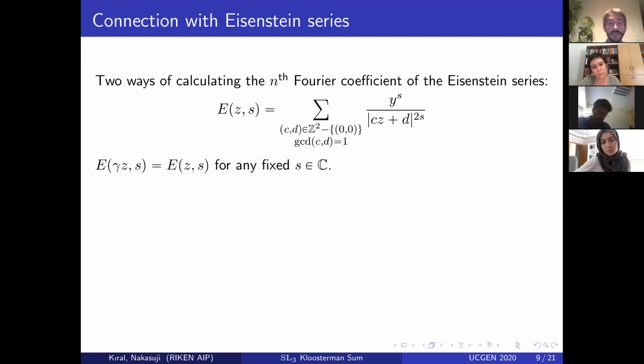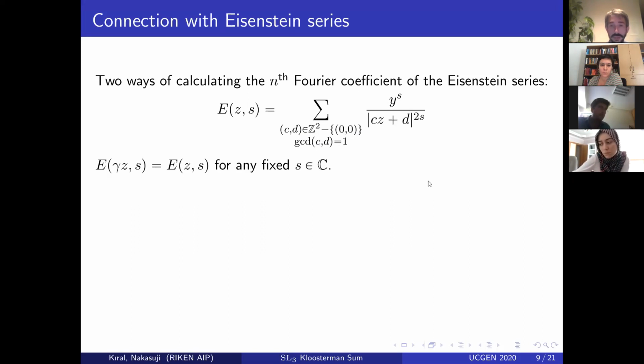I want to calculate the Fourier coefficient of this Eisenstein series in two ways. One of them will give me the divisor sum function, and the other one will give me a Dirichlet series in Ramanujan sums. One way of doing this would be to get rid of this greatest common divisor condition.